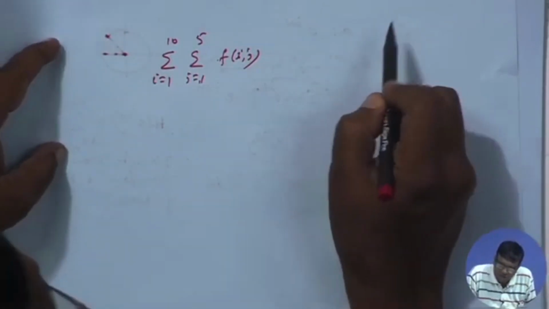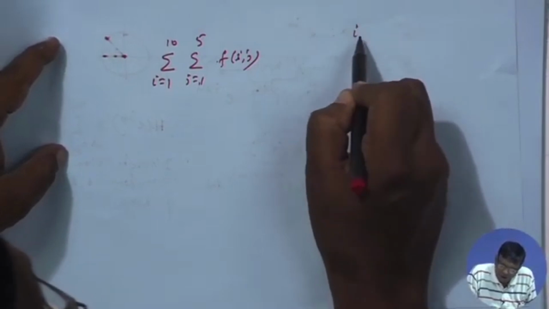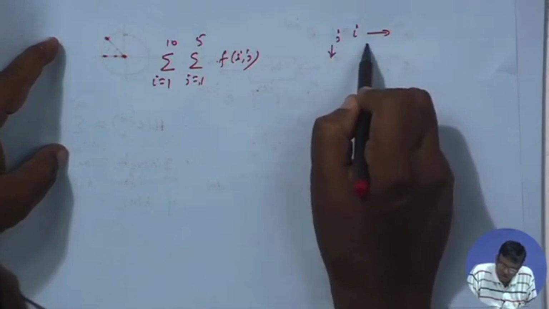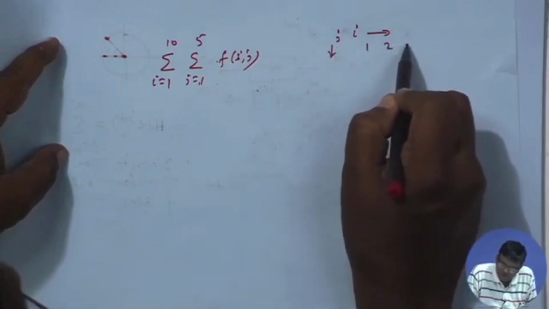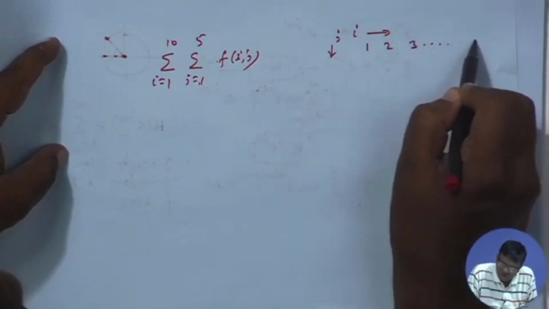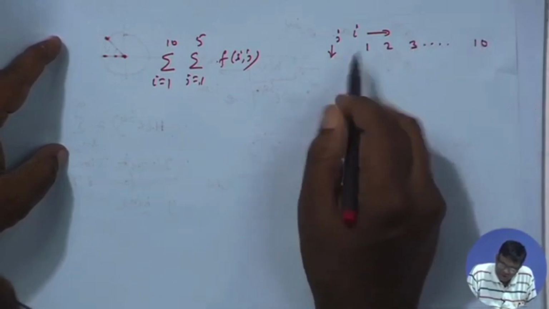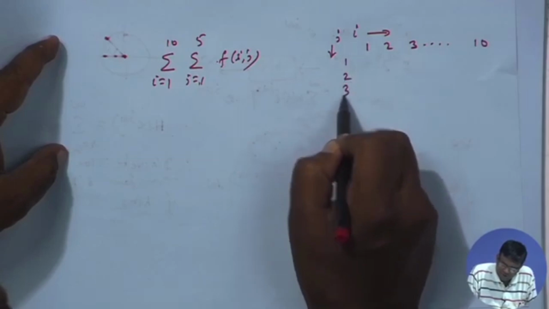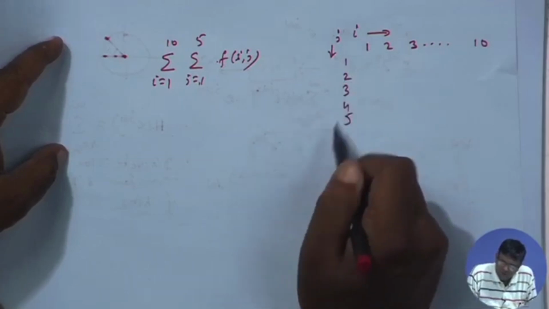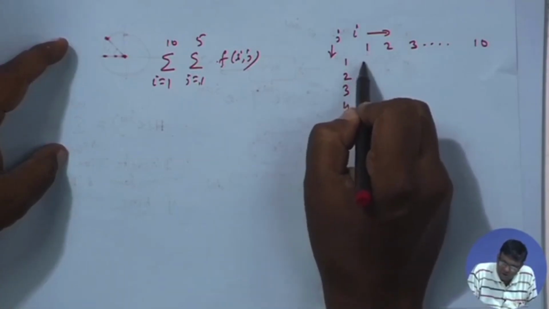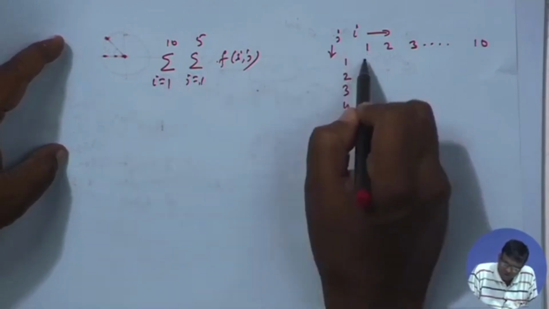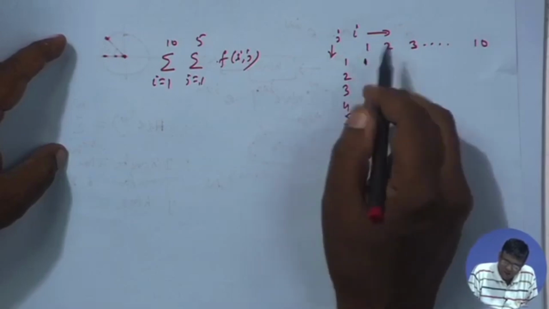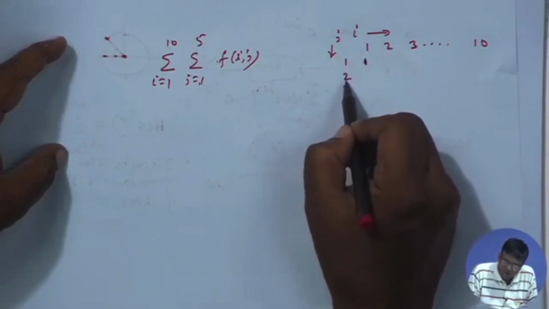But you see, it is like this: i is 1, 2, 3 up to say 10, and j is 1, 2, 3, 4, 5. Here i is 1, and you first pick j equal to 1, then 2, 3, 4.